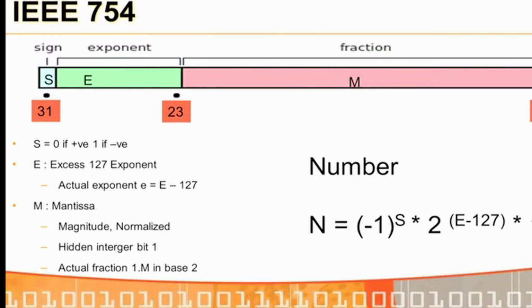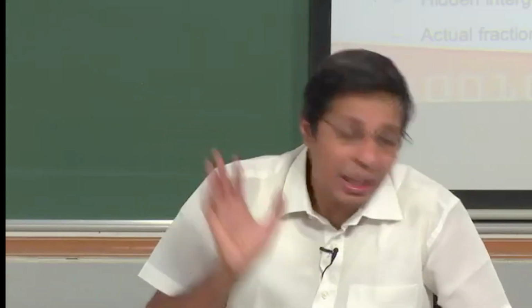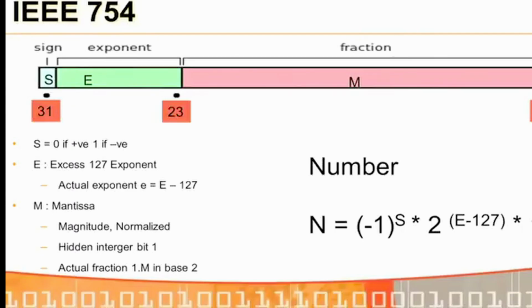Essentially you are storing from minus 127 to plus 128. Every time you add 127 to it and store it. So the exponent stored here is always a positive number. Though the actual representation can have negative exponents, since you add 127, it becomes a positive number.